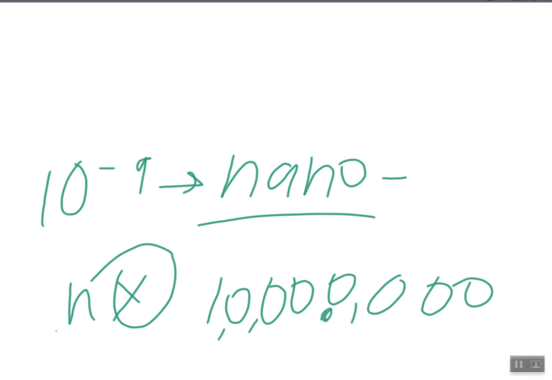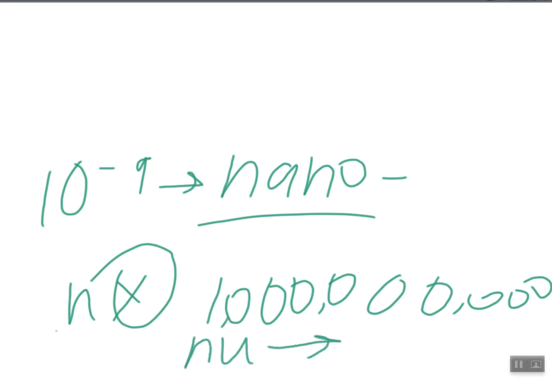Let me just rewrite that. So 1 billion nano units goes to 1 unit. Okay, so that's all the prefixes, and thank you guys for watching. I'll see you in next week's video, or next video.